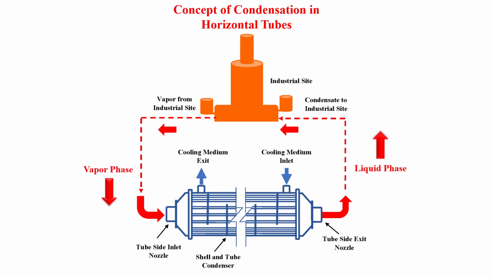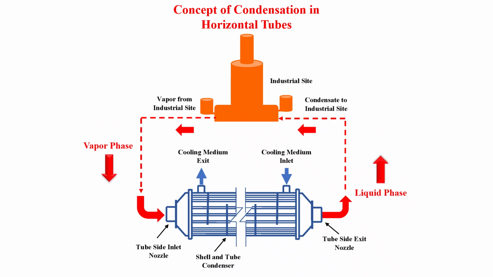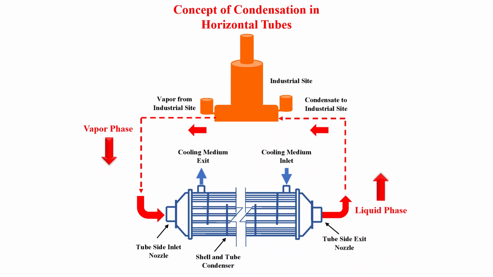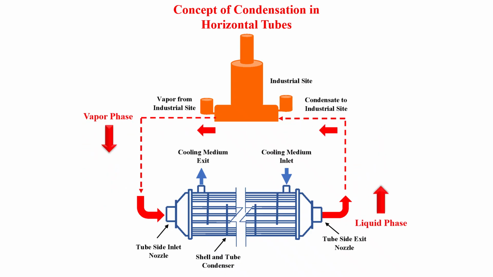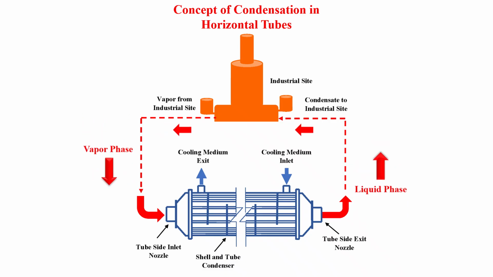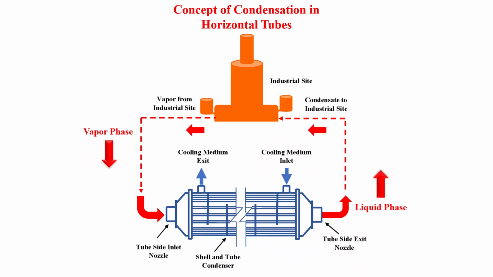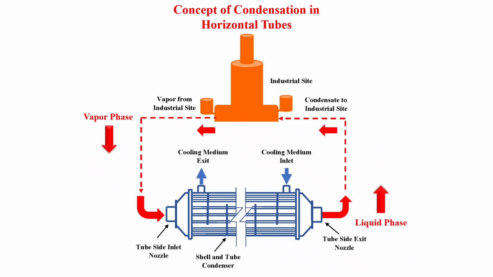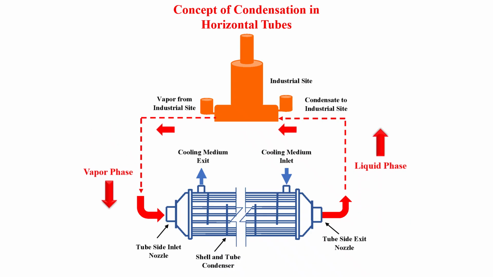Let us consider the horizontal heat exchanger as shown in this illustration. That is a shell and tube heat exchanger where the vapor flows following the red arrow through the horizontal tubes, and the final part of it becomes condensate that is returned to the unit where it has been discharged to complete the closed circuit for that fluid.